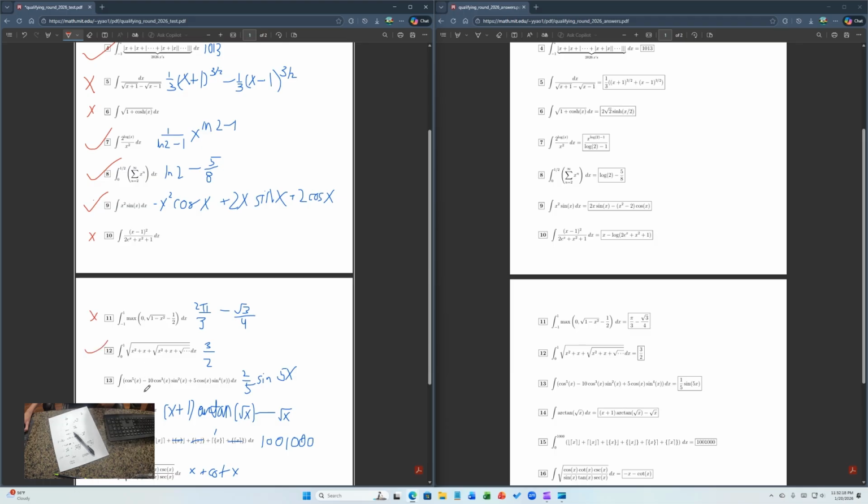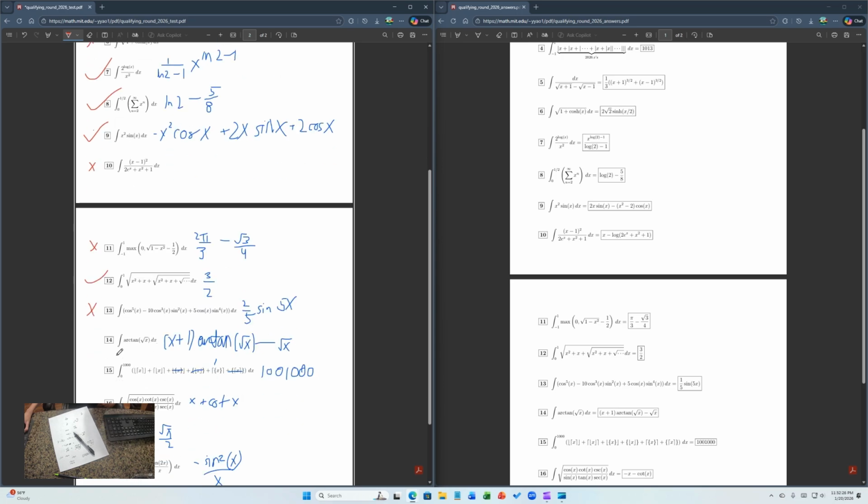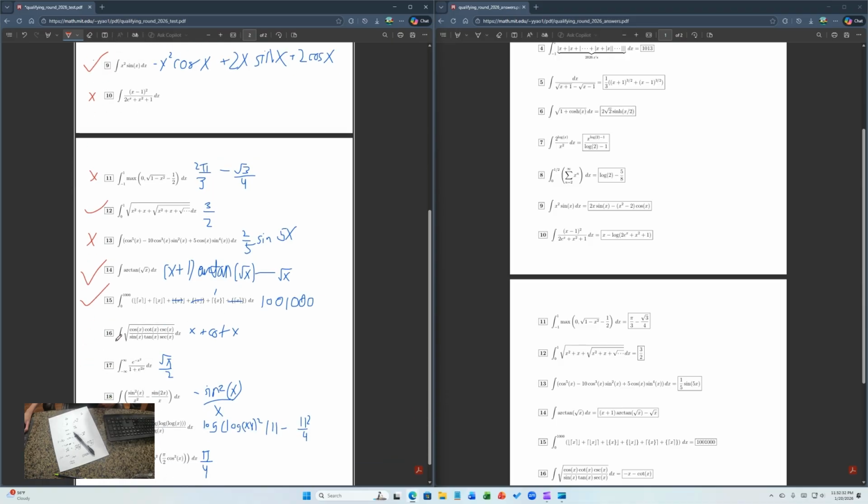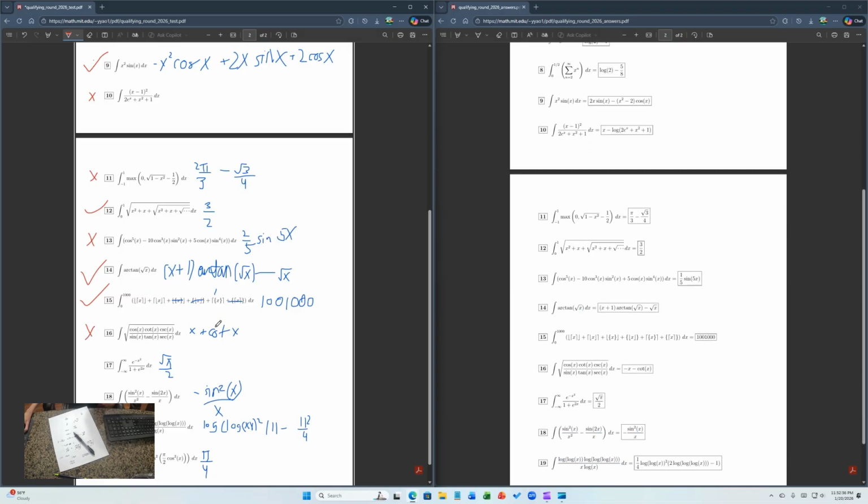This one is not. Wait. Oh, yeah, I messed up. I actually don't know how I messed that up. Oh, just the negative of that. So there.